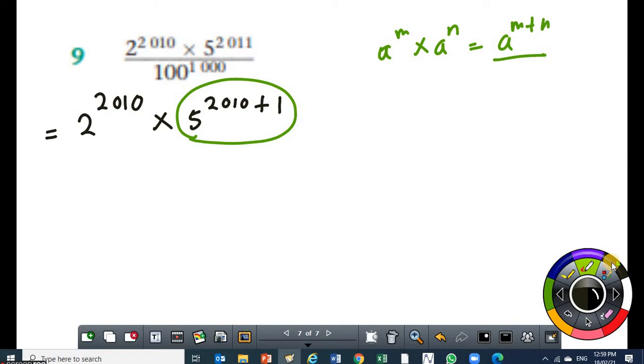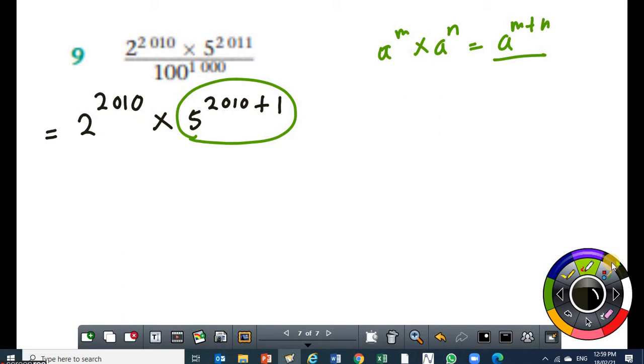Now, the denominator is what? See, that is 1,000. Do you see that? Since it is 1,000, it means I may need to split the exponent further. But for now, let me do it this way.